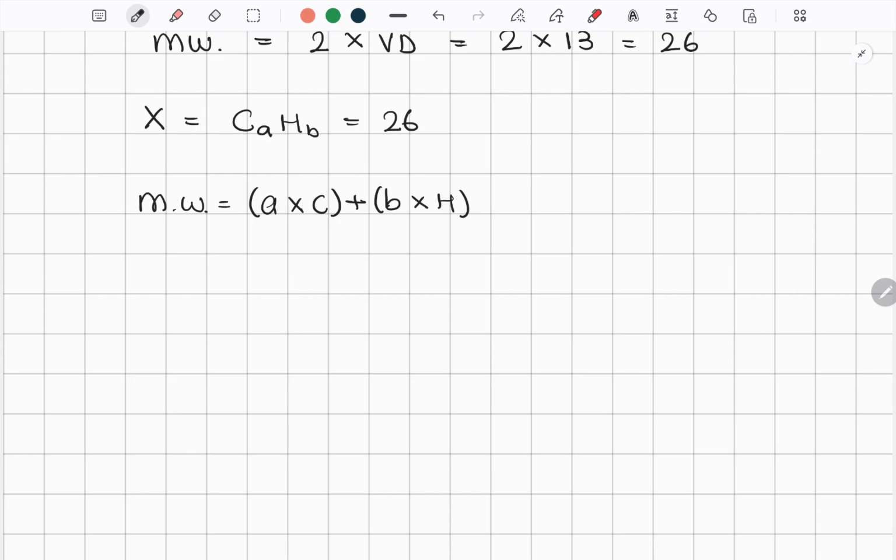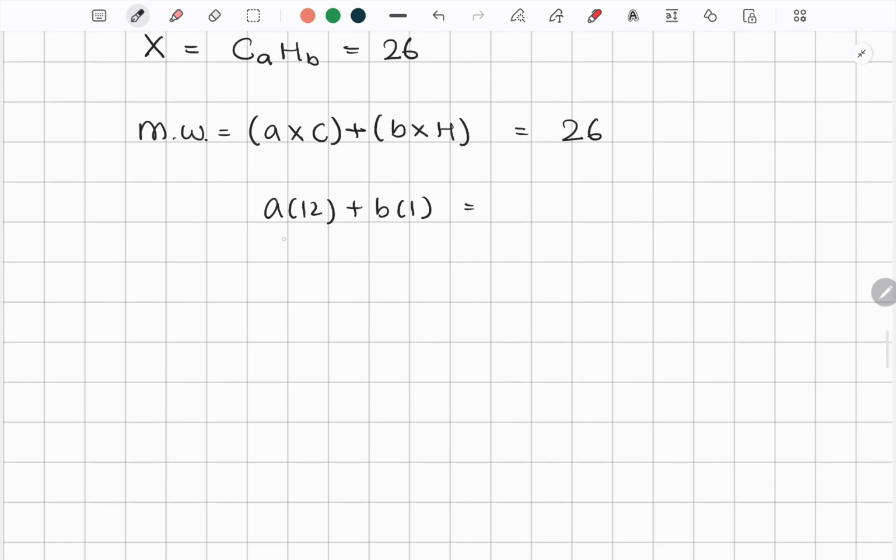Now I'm going to substitute the values of a and b, and I will see if I get 26. Carbon is 12, so a into 12 plus b into 1. What should I put as the first value? 1 and 1. If I keep the value as 1 and 1, the answer is going to be 13, which is not matching, so 1 is not the answer.